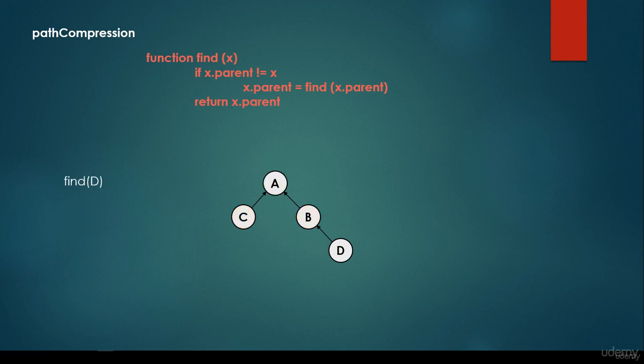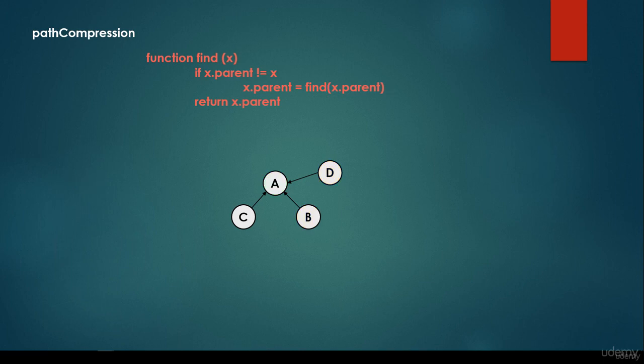Okay, what if I call, for example, the find D? I'm going to call the find recursively on the parent, which is the B, and the parent of B is the representative itself. So basically, we just have to rearrange the D vertex and set it to connect directly to the representative. Why is it good? Because this is why path compression came to be. Whenever we would like to find the D again, it's going to take O(1), so constant time complexity, to return with the representative.